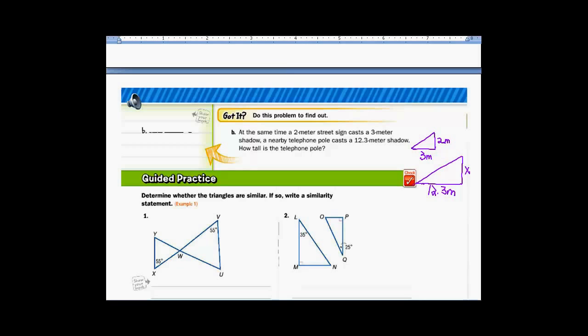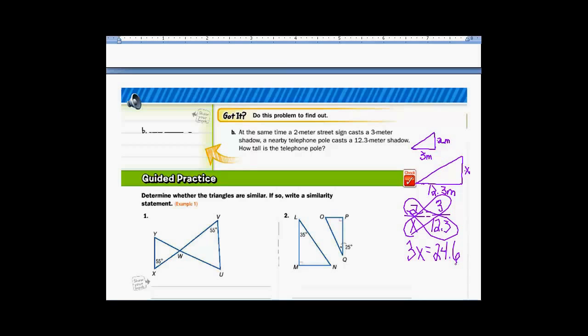So what is a proportion that you could use? So small is to big. 2 is to x as 3 is to 12.3. Cross products. 3x equals 12.3 times 2 is 24.6.